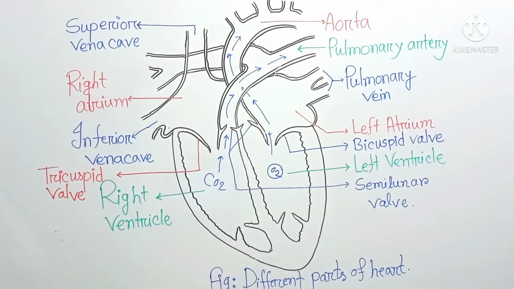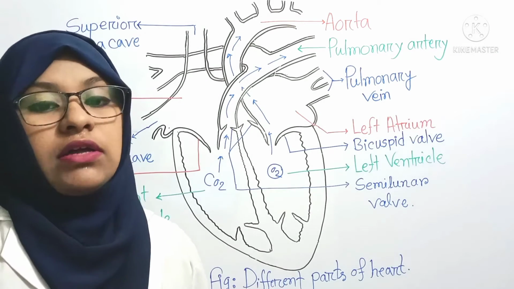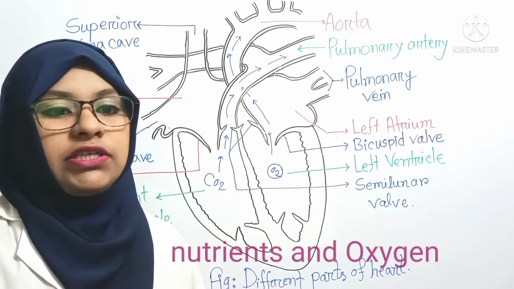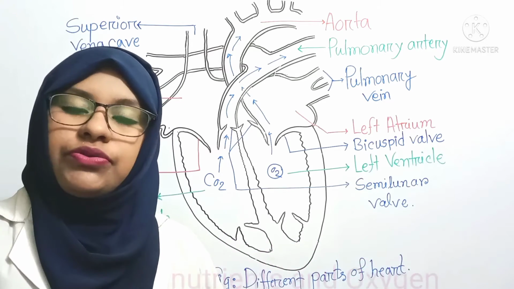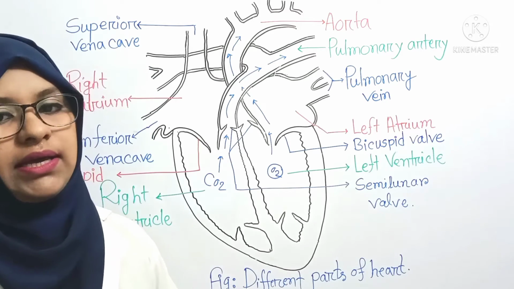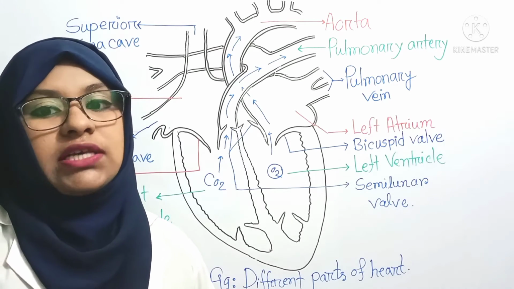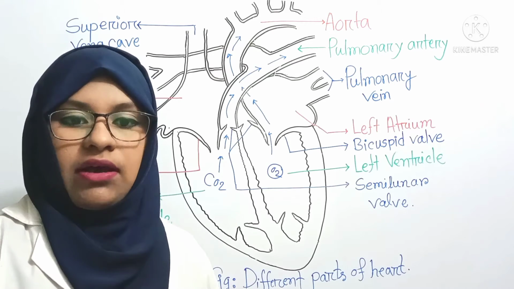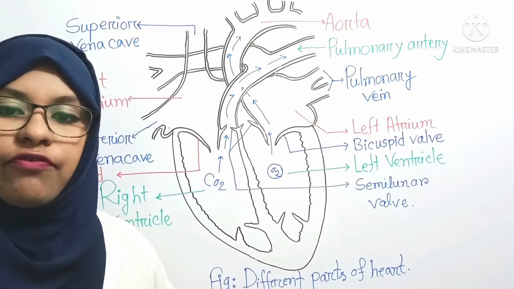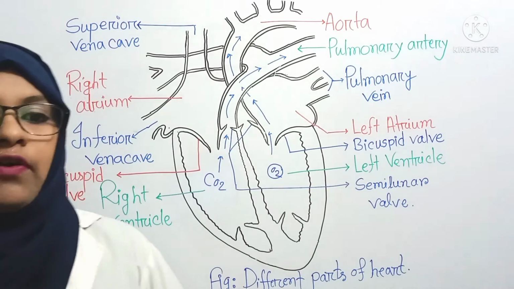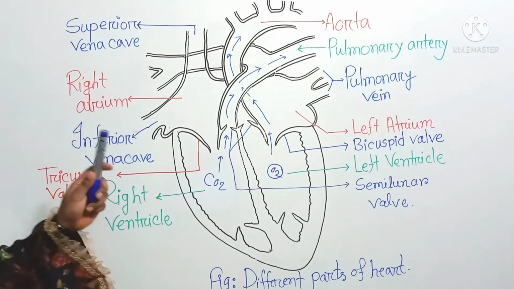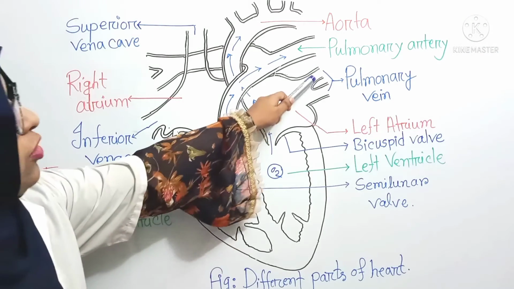Blood is circulated by different arteries and sub-arteries to the different capillaries of the body, and they supply nutrients and oxygen to the cells. On the other hand, carbon dioxide rich blood is transferred to the lungs through the pulmonary artery. Blood receives oxygen from the lungs and carries it to the left atrium through the pulmonary vein.